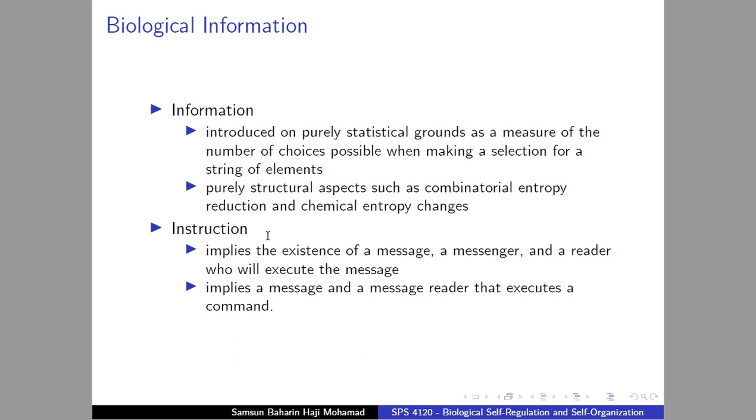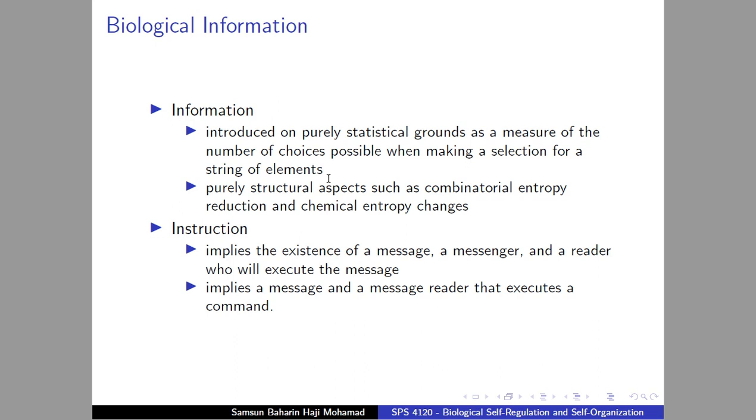That information is fully structural aspects such as chemical entropy, interaction, and chemical entropy chain. Here we see that it only gives the information, so how we are going to become, or the instruction. When you get the information, it will instruct the cell to become the shape of the organ.